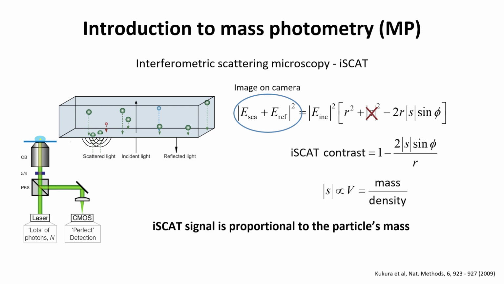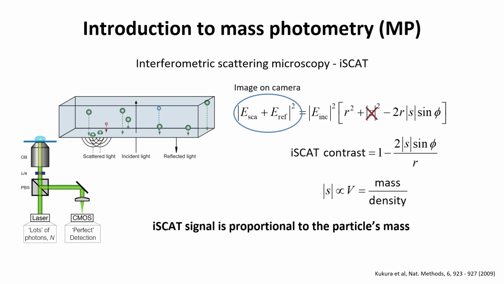We can define iSCAT signal, or iSCAT contrast, as 1 minus the scattering amplitude divided by the reflectivity with a phase contribution. The important thing is that the scattering amplitude is proportional to the volume of your particle. And if we think about most protein samples, most of them have similar densities.